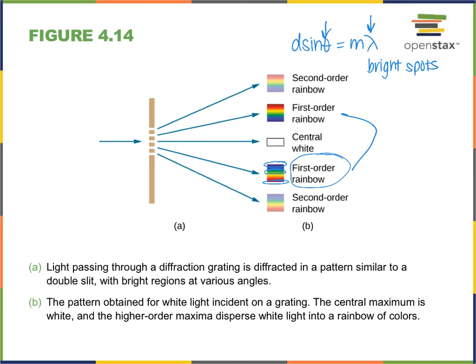But then you might see something really faint even further over to the side, which is called the second order rainbow, because that is where the difference would be 2 lambda instead of just 1 lambda in the path length. So a diffraction grating is really cool because it breaks the light down into its full spectrum, and this is a way we can study the light, and there's much information that you can get from a light source if you study its spectra.